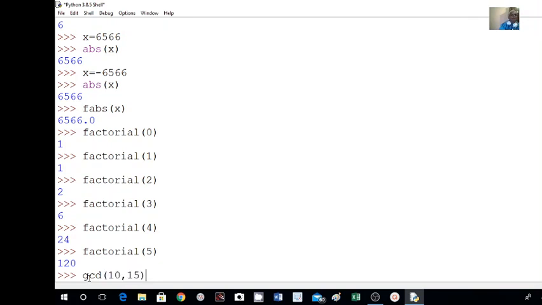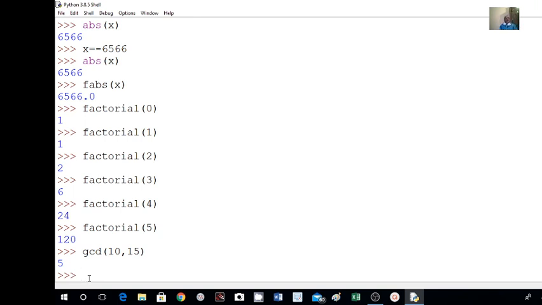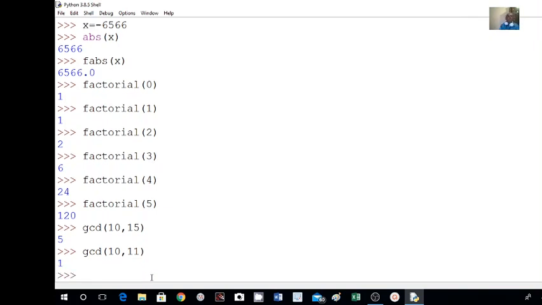Yeah. This is the command to find the GCD. Again, GCD of 10 and 11. This is equal to 1. These are relatively prime. So GCD is the command to find the greatest common divisor of two numbers, right?